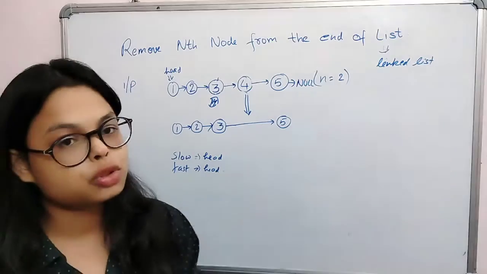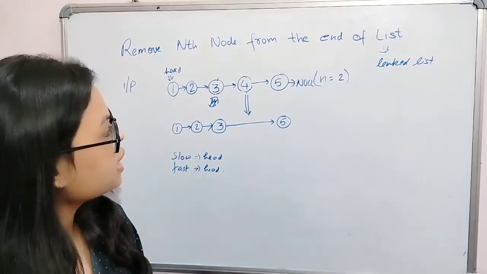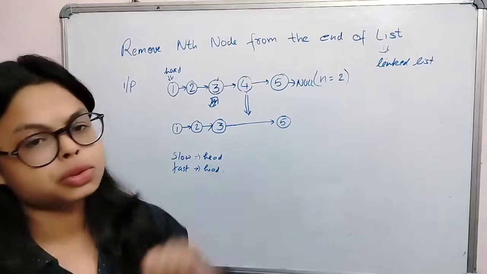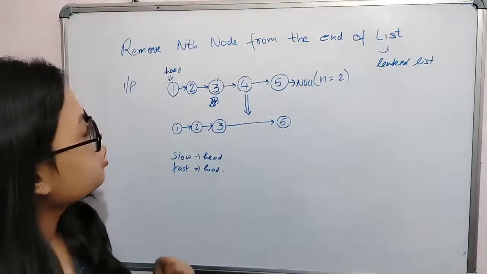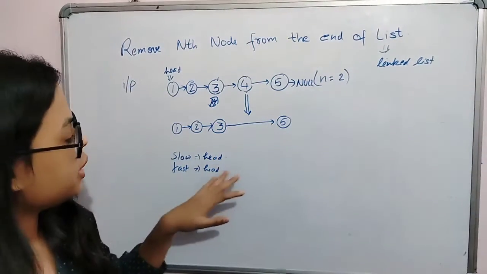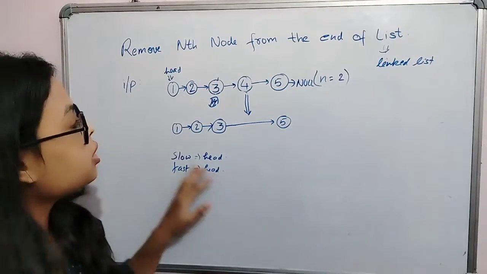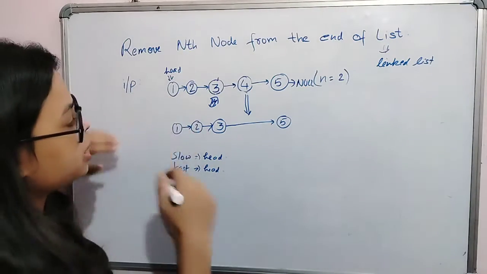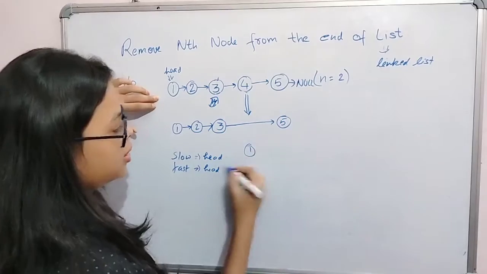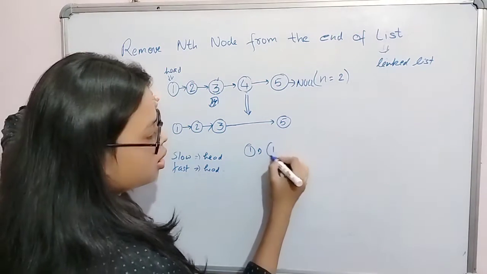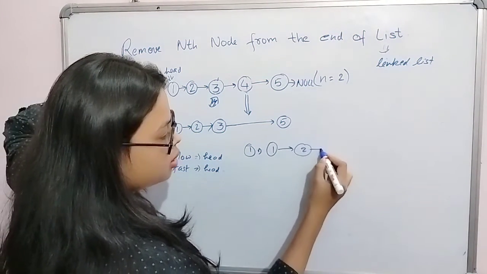One approach we can use: let's say we have n equals 2. What if I iterate this fast pointer 2 times?